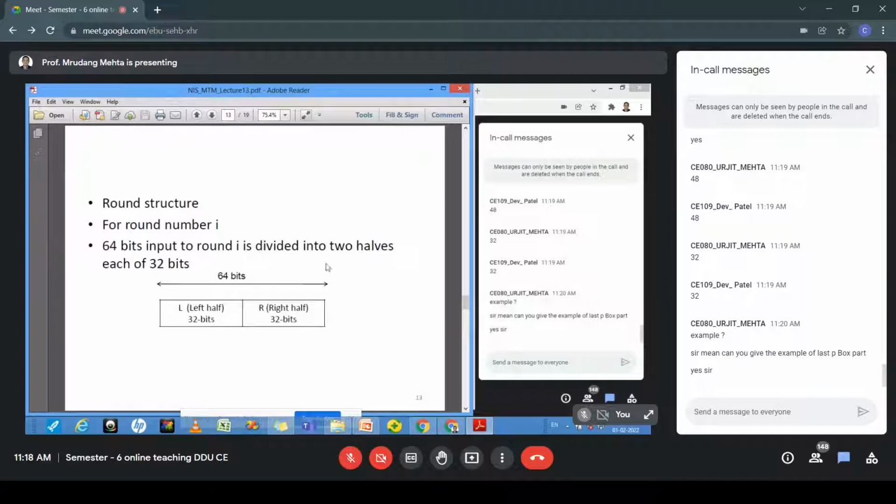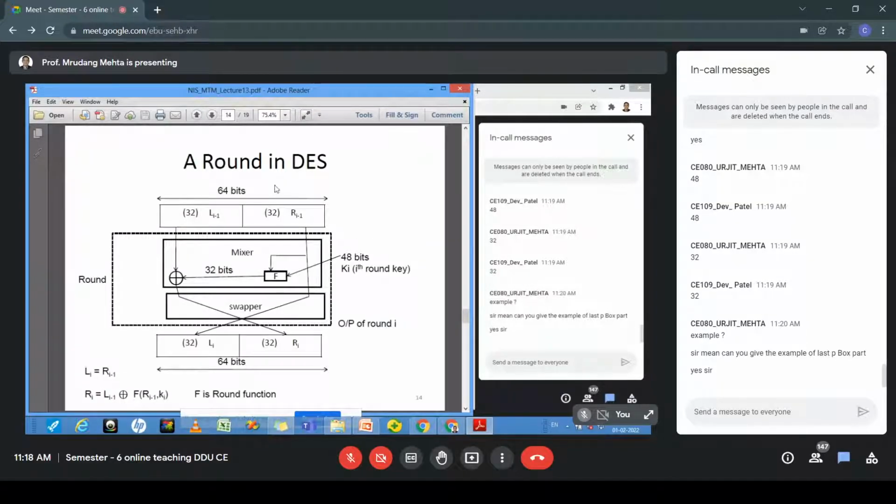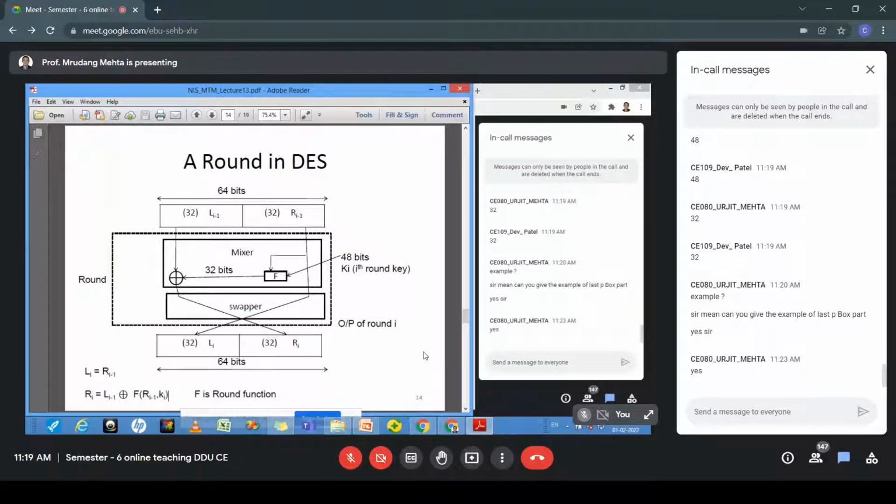What is there in a round? There are two blocks, left and right, of 32 bits each, and then this round is performed. We have seen this round function, and in that round we have the f function. That f function output is XORed with Li, and this result is stored in Ri. So this is the formula. Can you see this? Is this process clear, right?